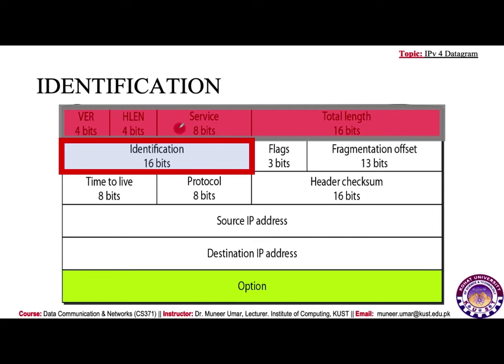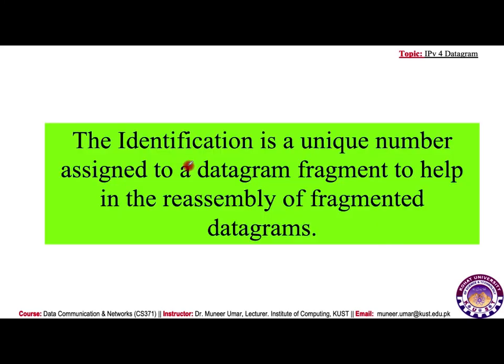In the second word, the first field is identification, which has 16 bits. The identification is a unique number assigned to a datagram fragment to help the reassembly of fragmented datagrams.